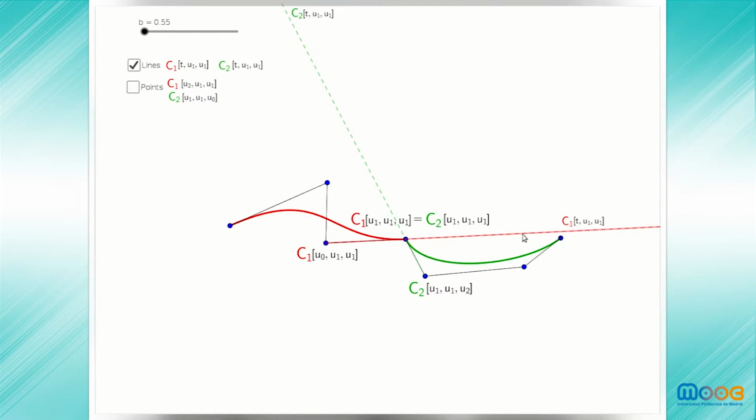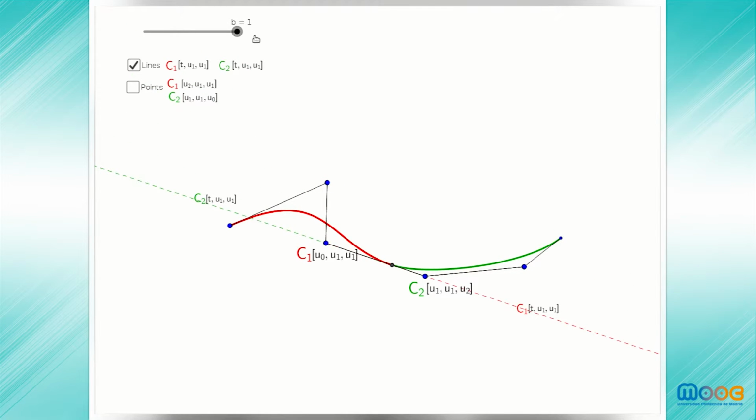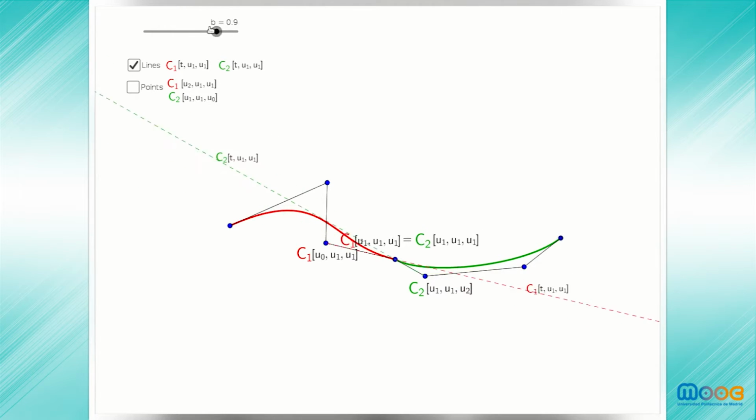The line in red is the polar form of the first curve evaluated at u1 twice and a free parameter t. And the line in green is the polar form of the second curve when fixing u1 twice and leaving the third parameter free as t. So when we move the slider to get a C1 curve, we see that these 2 lines coincide in fact.